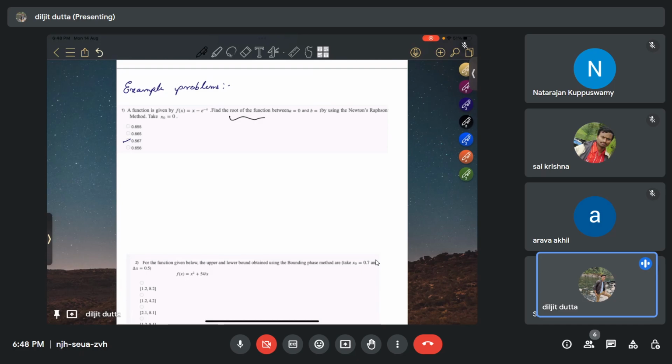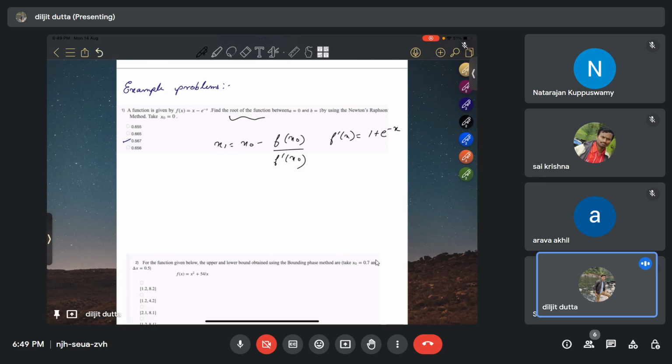So for finding the root, we use this formula: x1 is equal to x naught minus f of x naught divided by f dash of x naught. Now f dash of x is equal to 1 plus e to the power minus x.